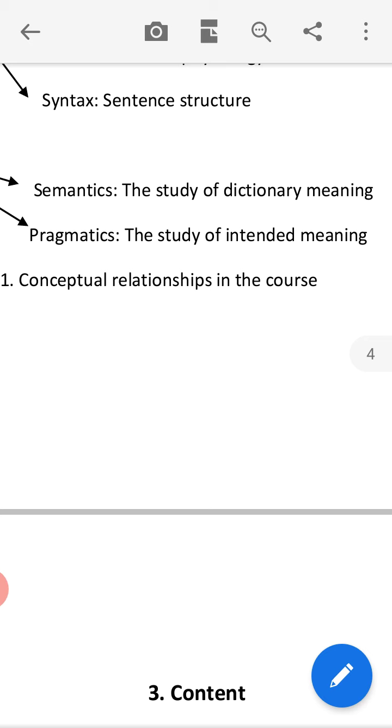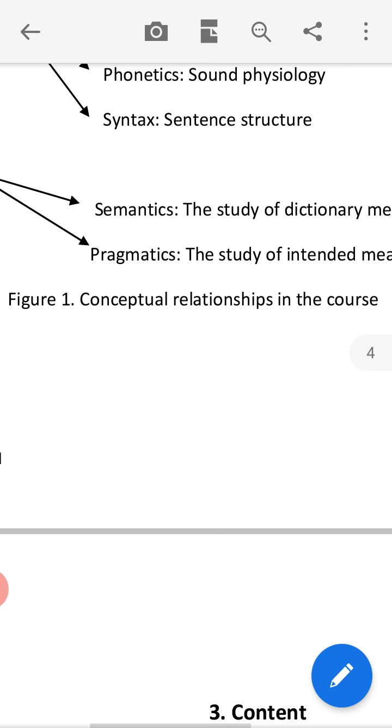A fruit is a general noun, and an apple is the specification of the fruit. Semantics has to do with the relationship between words: for example, general and specific, a word that is opposite, a synonym and a near synonym.